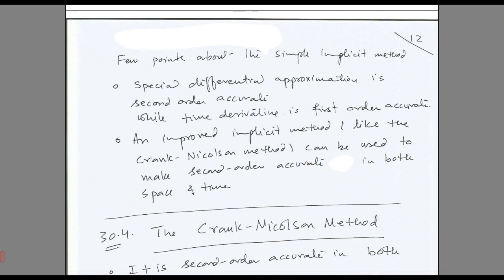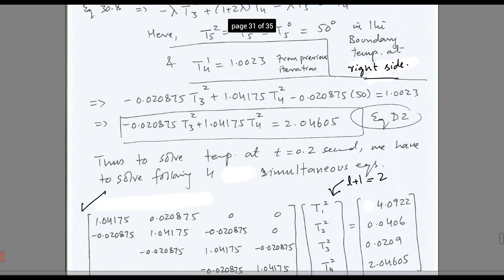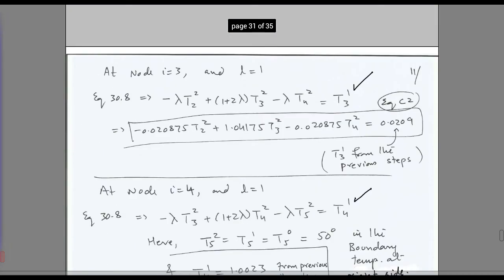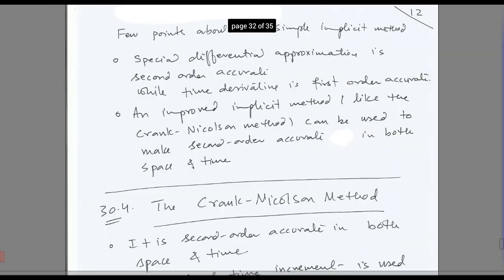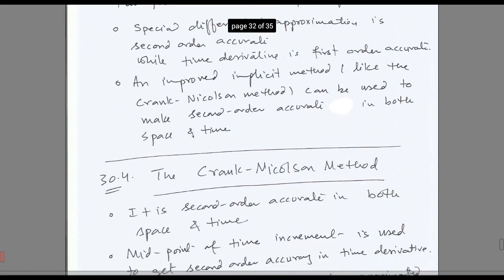So a few points about the simple implicit method. The spatial difference approximation, this is the x distance. The spatial differential approximation is second order accurate, while the time derivative is first order accurate.